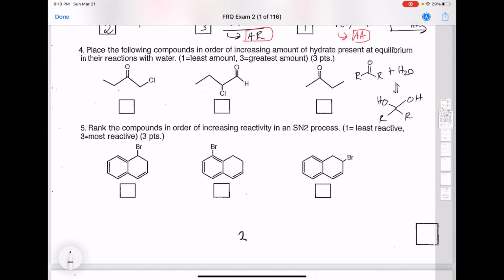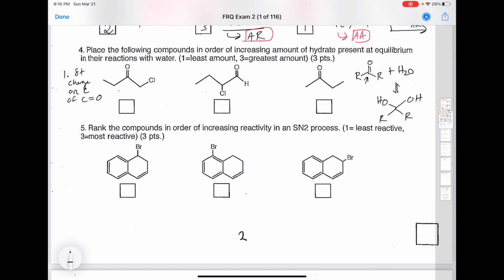So in order to shift the equilibrium more towards the hydrate product, there are 2 factors that we can optimize in order to do that. So the first thing is that we can increase the partial positive charge on the carbon of the carbonyl.